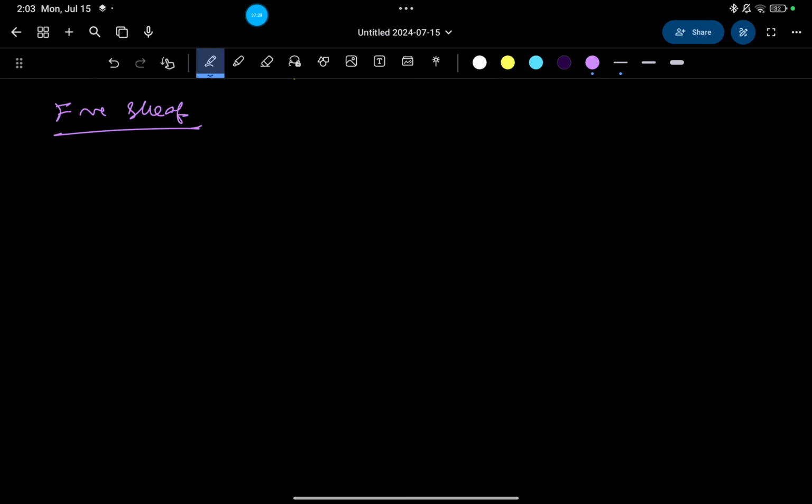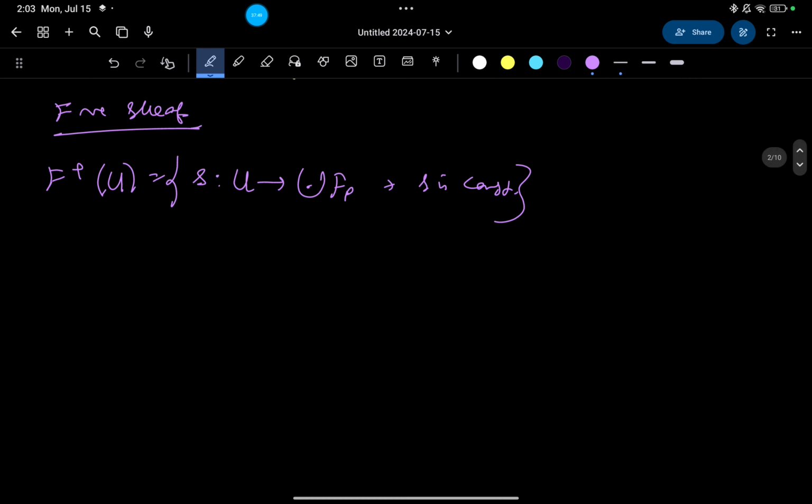Okay, so if F is a sheaf, in that case I can define F plus of U as the set of all small s from U to the disjoint union of F_P such that S is constant. It is constant everywhere, so of course it is constant at every point. So that means I will take, let's say, S of p equal to x naught, this one, so it is one function. Again I will take another function S of p with some other element or section like this.